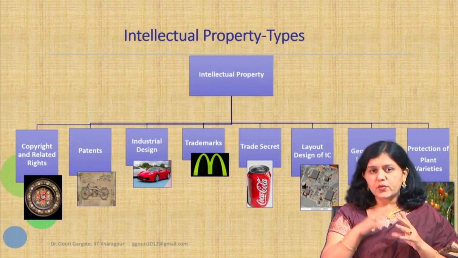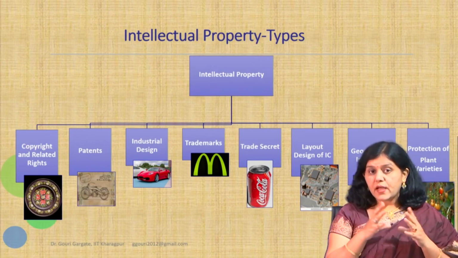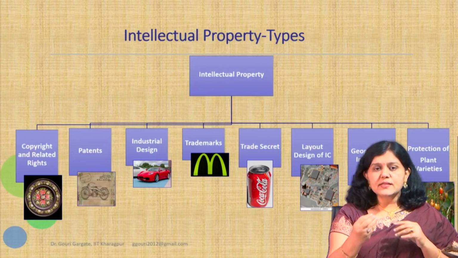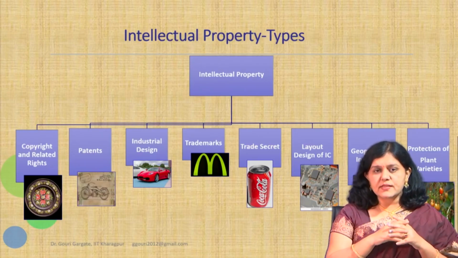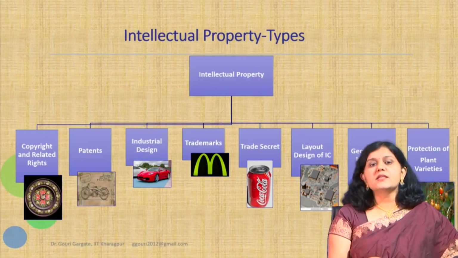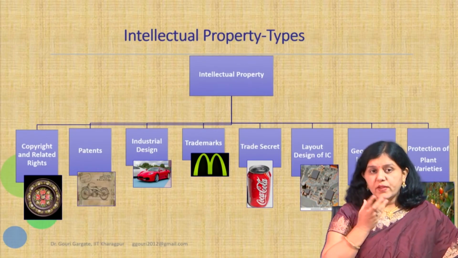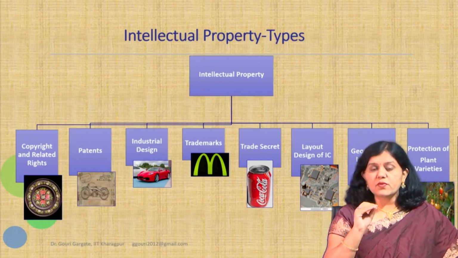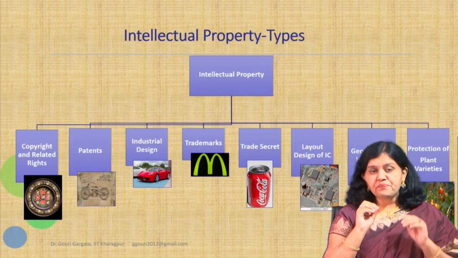Or you might have heard that one entrepreneur, by using a single patent, created a business, and now has won something like 100 crores. Probably you have heard such kinds of stories. So, we will just see what these different kinds of IP or different types of intellectual property are.